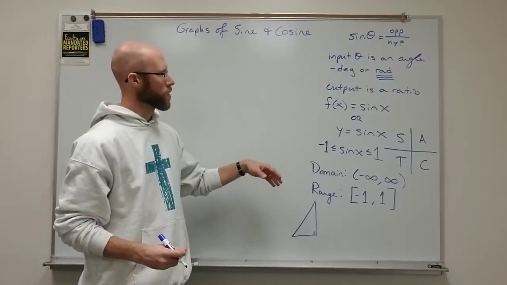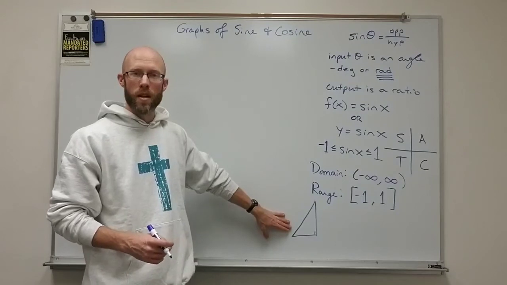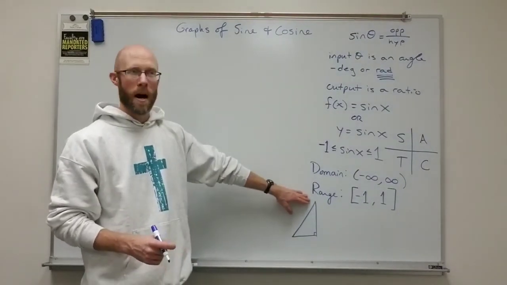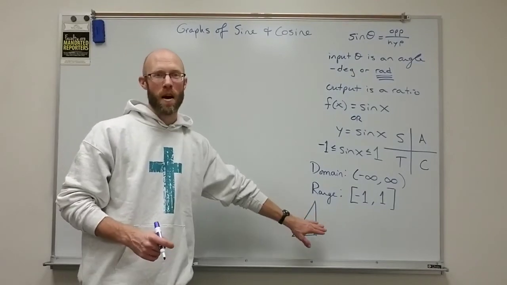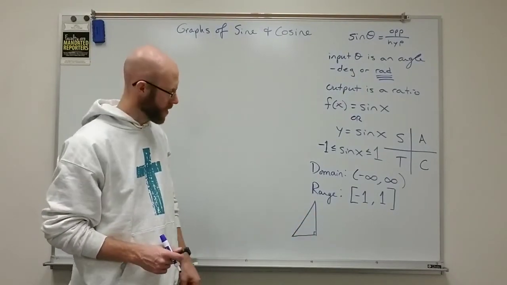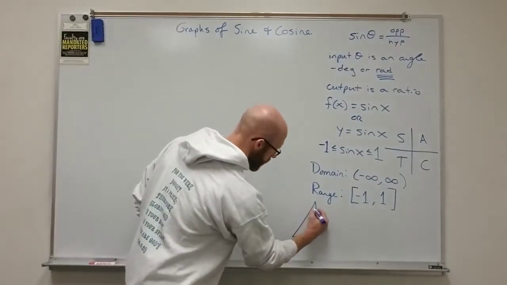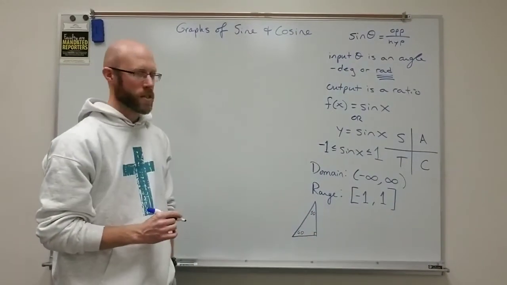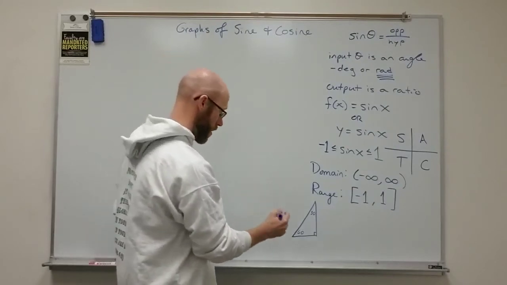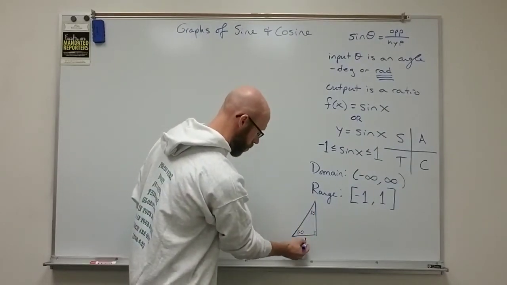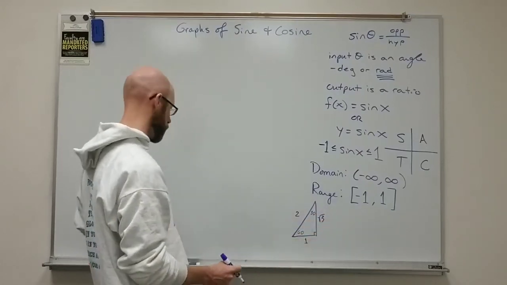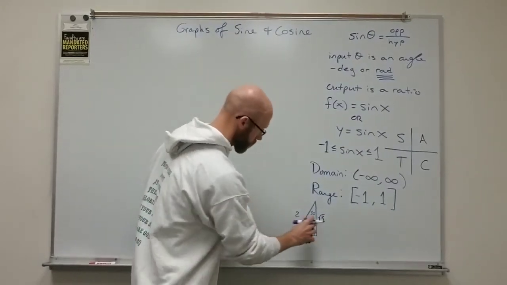Of course, if we're dealing with radians, instead of having a 30, 60, 90, it would be a pi over 6, pi over 3, pi over 2 triangle. But either way, I'll just keep it in the form that you're probably used to, the 30, 60, 90. And the side measurements are 1, 2, and √3. Whoa, that's a really sloppy looking √3.